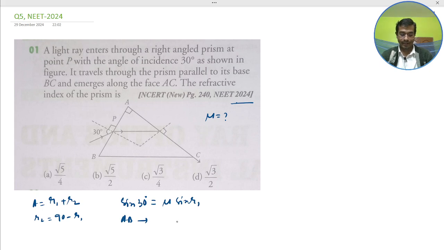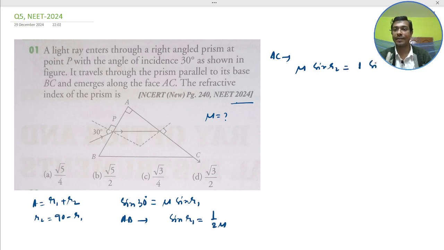So sine r1 equals 1 by 2 mu. Another is the AC interface. There we apply Snell's law: mu sine r2 equals refractive index of air, 1, into sine 90 degrees. Just calculate here.